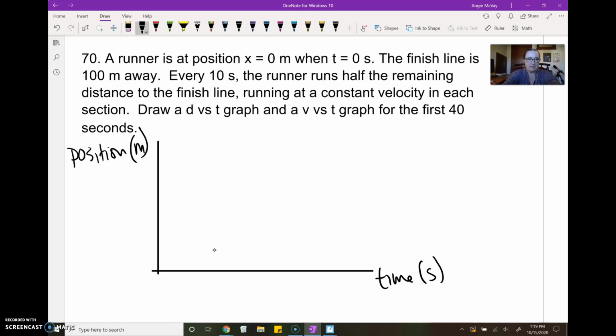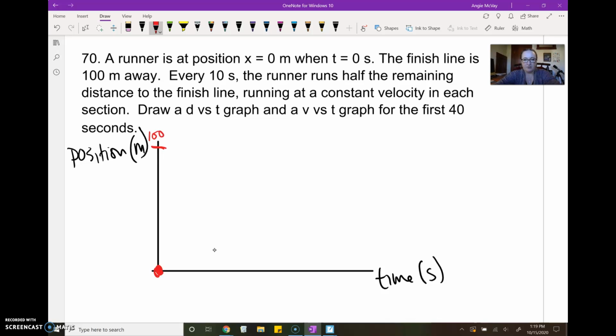And we're starting at 0, 0. And it says the finish line is 100 meters away, so we'll mark that 100 meters as our maximum position on our y-axis.